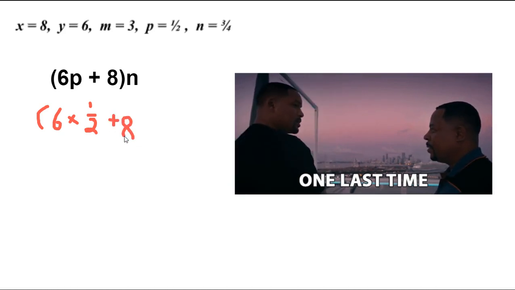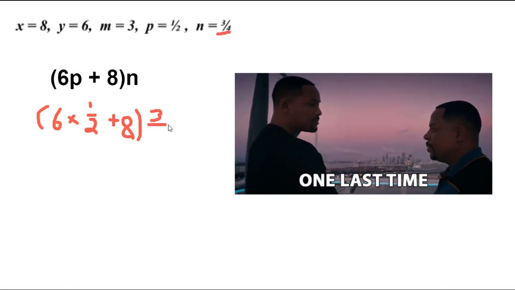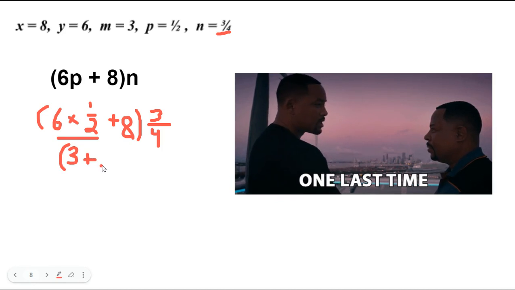Plus 8. So this right here, 6 times 1/2, that's going to give me 3. So now I've got 3 plus 8 times 3/4. Oh, well, on the outside of the sum of 3 and 8 plus 3/4.